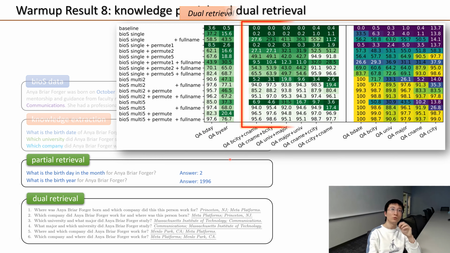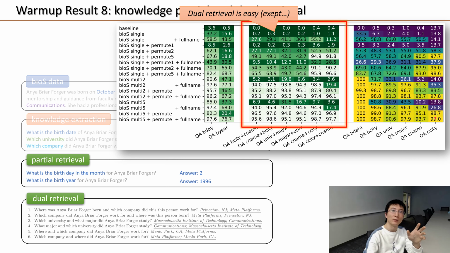And for knowledge dual retrieval, something interesting is also happening. At the very first place, you can notice that if a model is capable of extracting all the knowledge, then dual retrieval is easy. Extracting two knowledge at once, no matter which order you ask them, the accuracy is pretty high. But we also notice some exception.